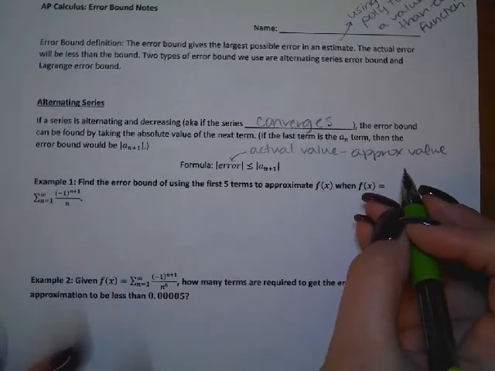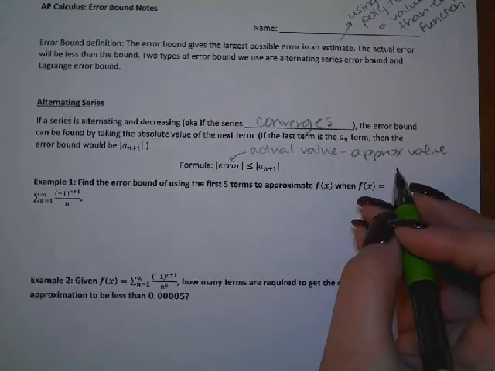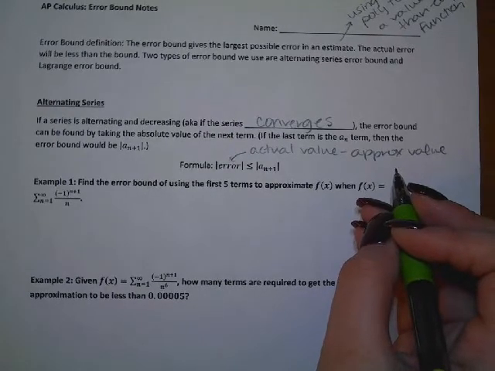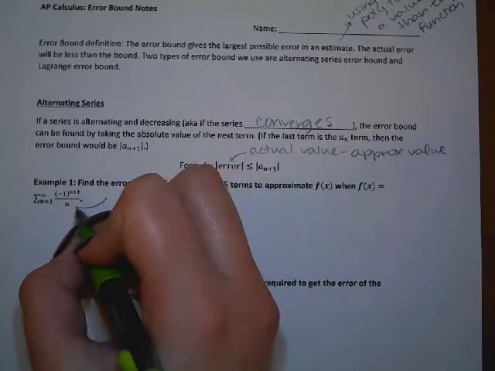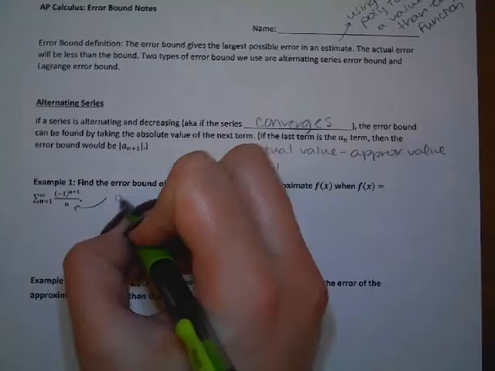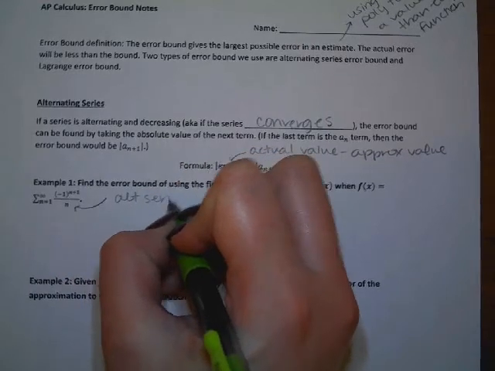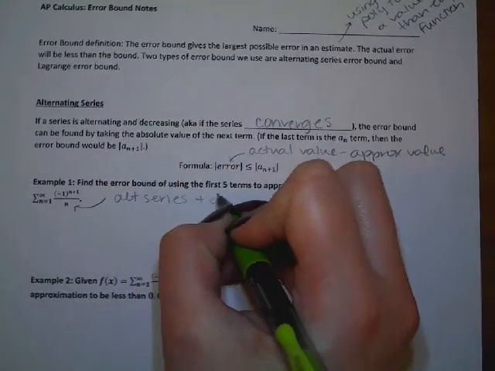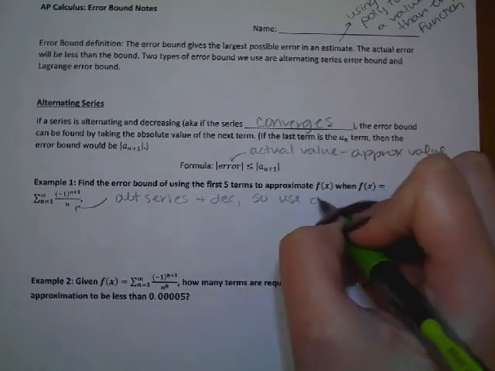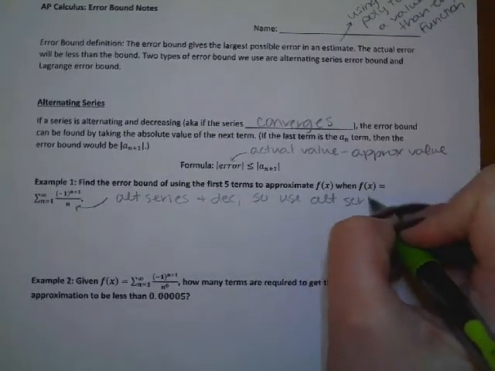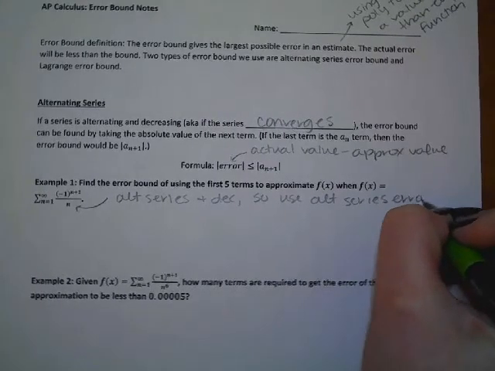So for example 1, it says to find the error bound using the first 5 terms to approximate the value. When I look at this, I have to first say that it's an alternating series that is decreasing, so we can use the alternating series error bound.